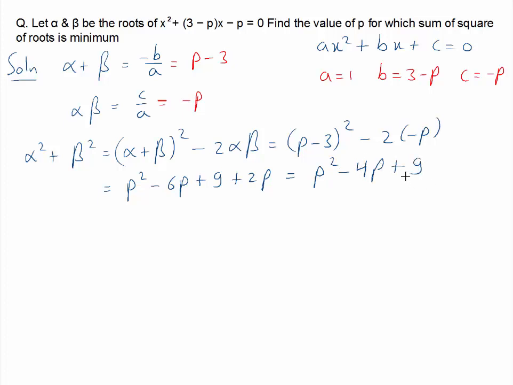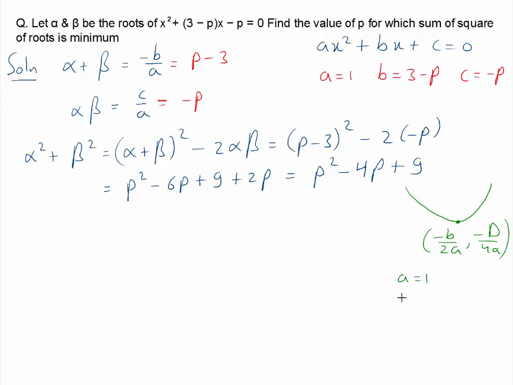So we need to find the value of p for which this is minimum. Now this is a quadratic in itself whose coefficient of p square is positive. Therefore it would be an upward parabola. Now for different values of p we will get different outputs, which would be minimum at the vertex, which is minus b by 2a and minus d by 4a, where a, b and c correspond to this quadratic.